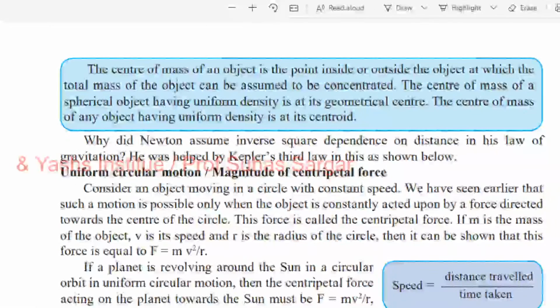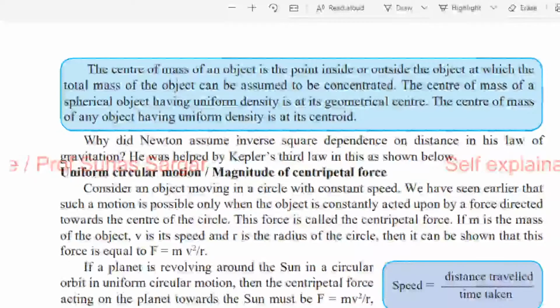The center of mass of any object having uniform density is at its centroid. Box closed. Why did Newton assume inverse square dependence on distance in his law of gravitation? He was helped by Kepler's third law in this, as shown below.